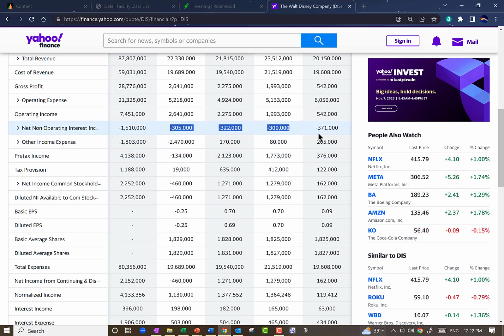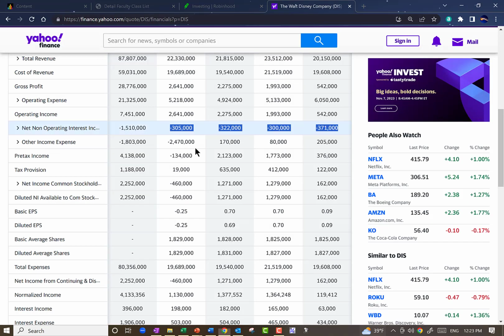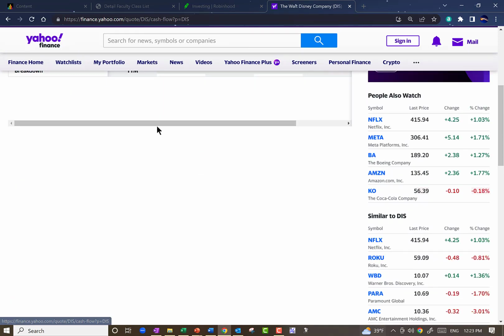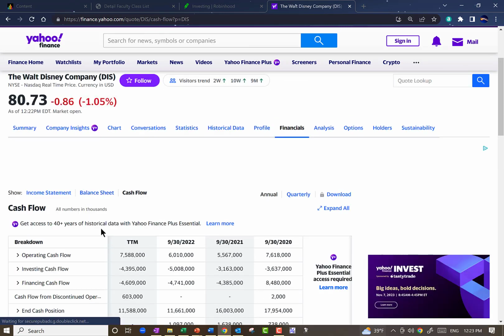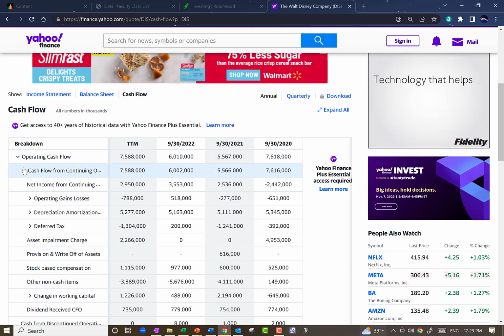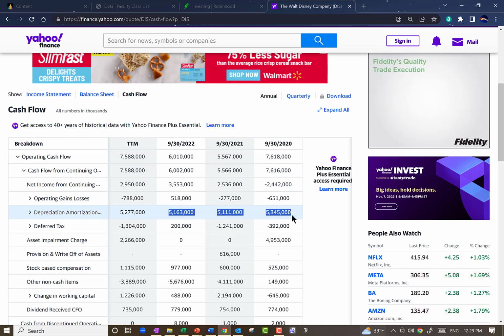Net non-operating interest income. Let's go to cash flow. I don't know why they have it only for 3 years.